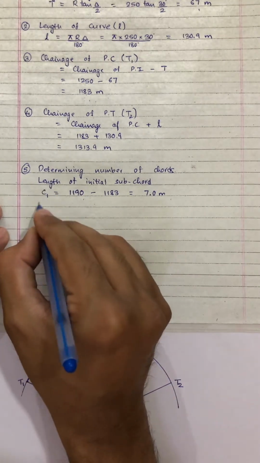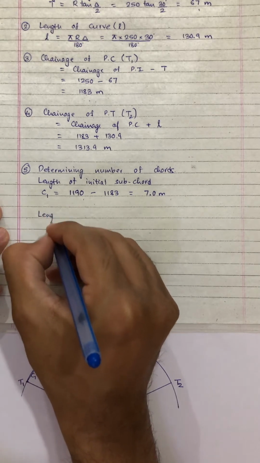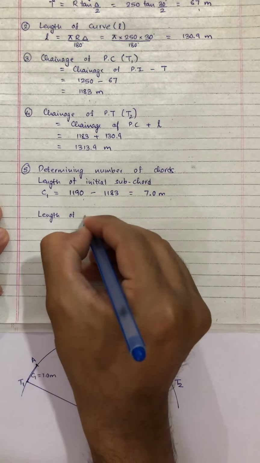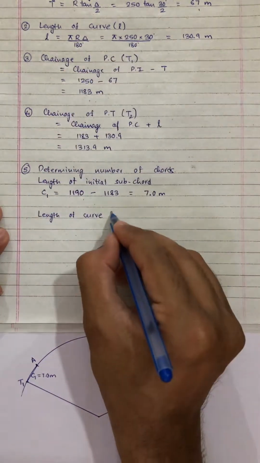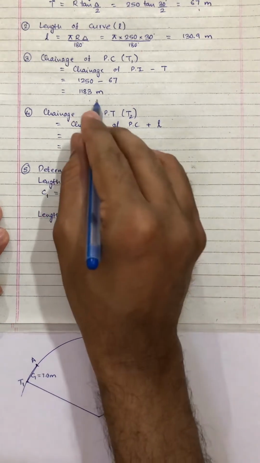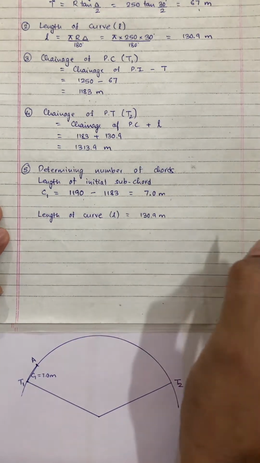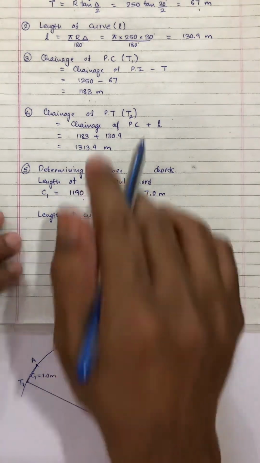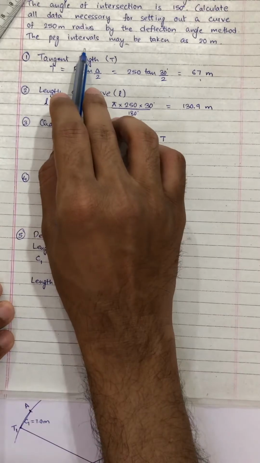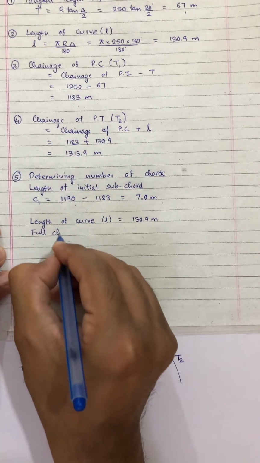Now this length of curve, that is small l, is given as how much? It is given as 130.9 meters. Okay, and what is the peg interval? Peg interval or the chord length? You can call it as the full chord length.